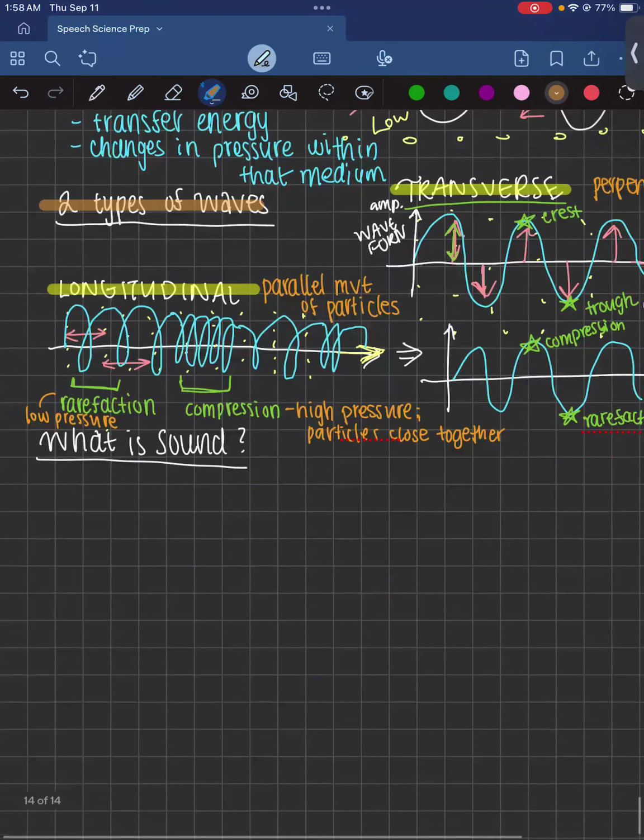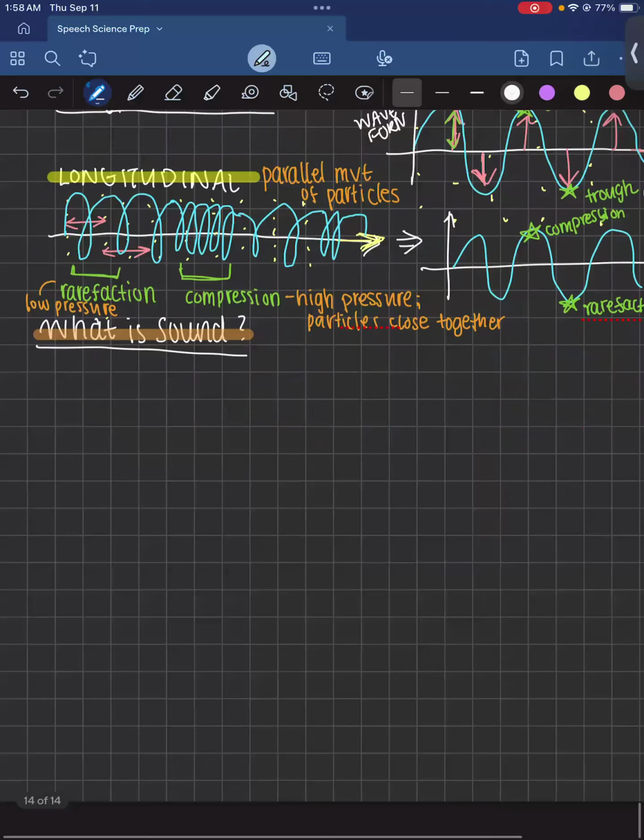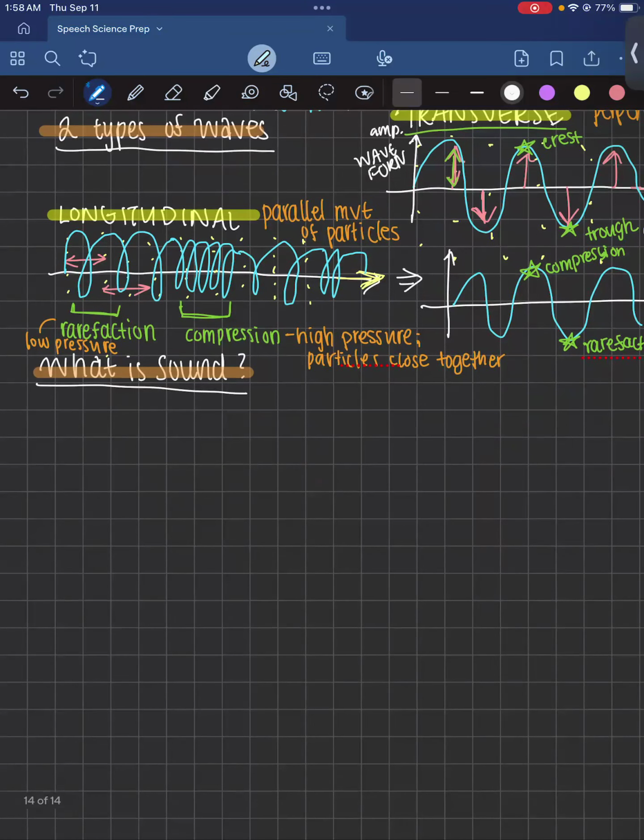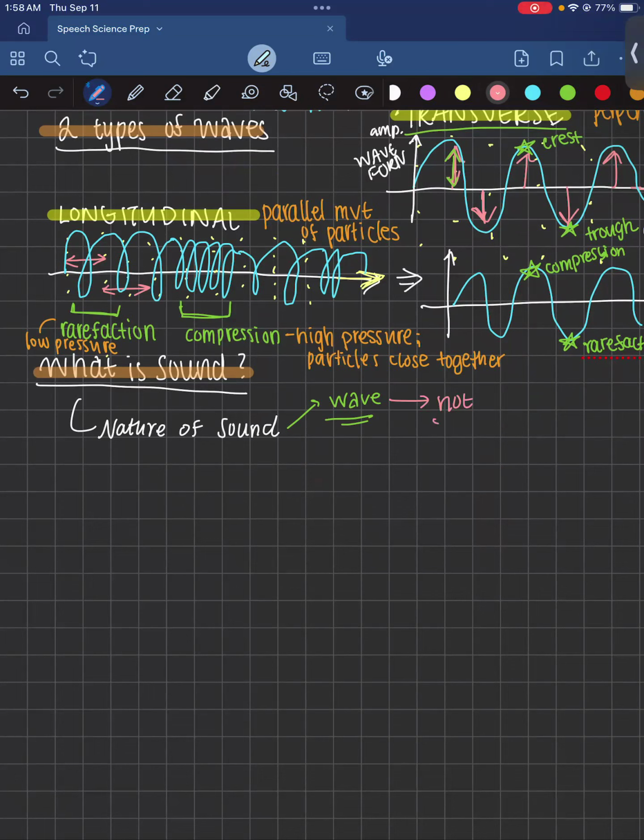Transverse and longitudinal. So then what is sound? And this goes to the whole general idea that we have of defining this nature of sound. So one thing we know is that sound is a wave, right? And because it's a wave, what does that mean? It means that it's not matter.